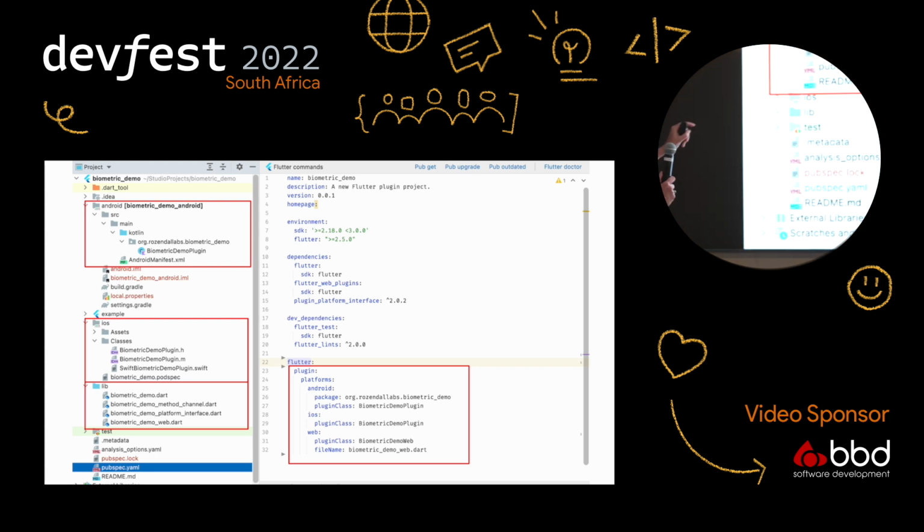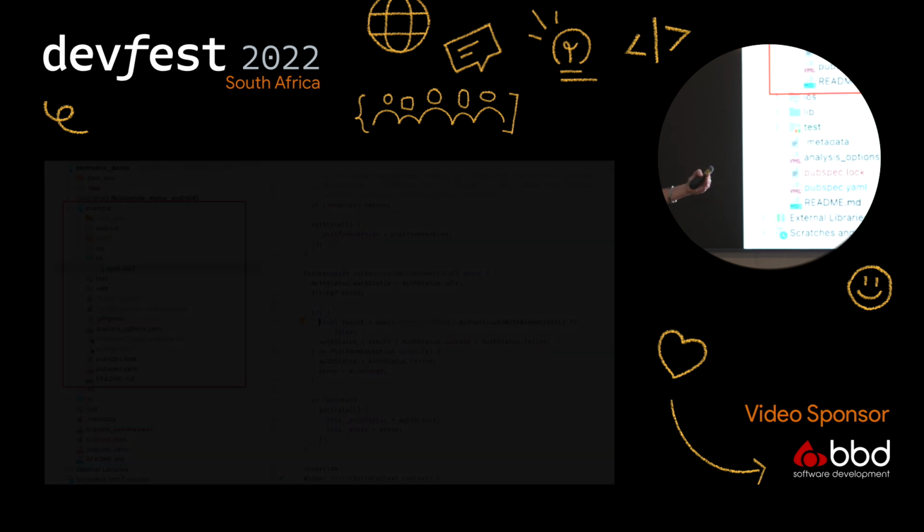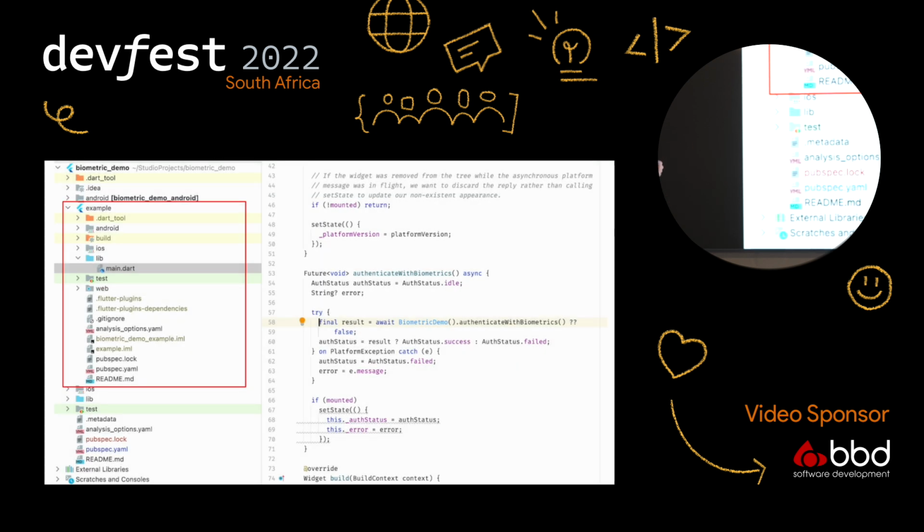By the way, anytime you create a package with the command line interface, flutter create, you're automatically also getting an example directory. This is really cool. This is the place where you actually try out the code you're defining elsewhere.